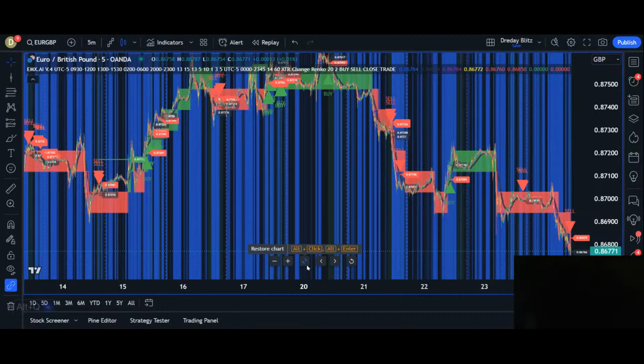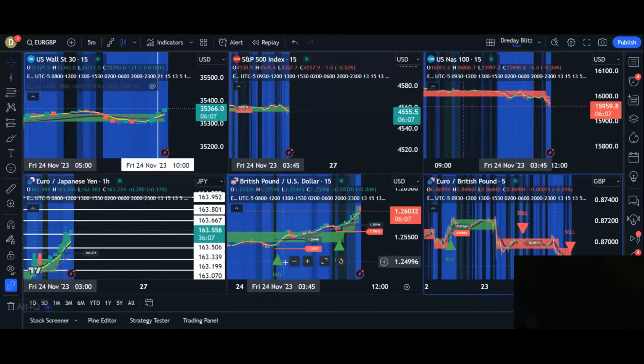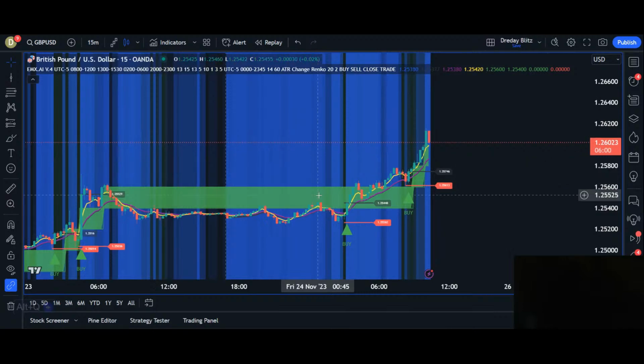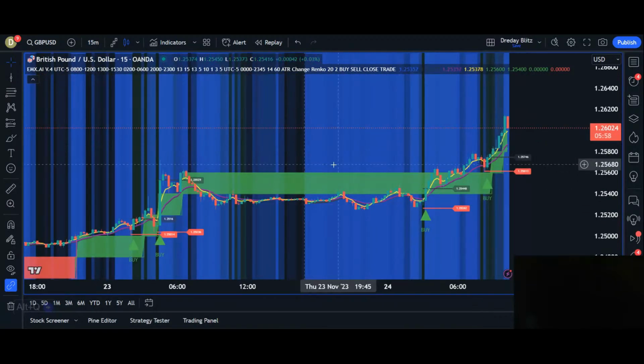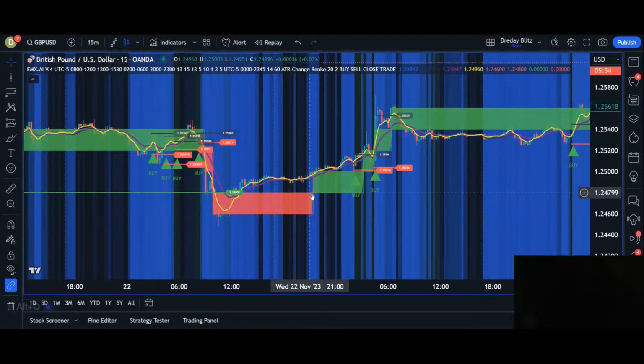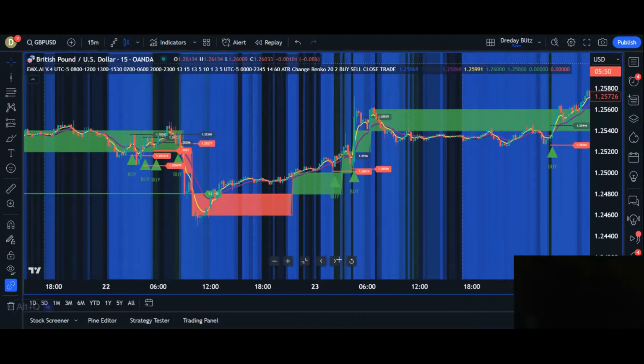So if Euro GBP is selling, that means that the British pound pairs are bullish. So this is the British pound pair, GU, and as you can see, GU is bullish. It's been bullish here since Wednesday.